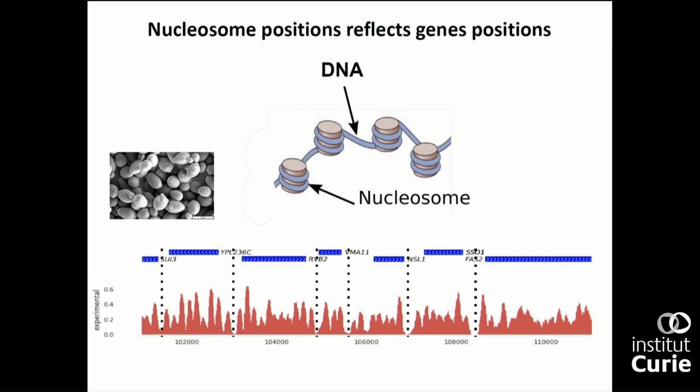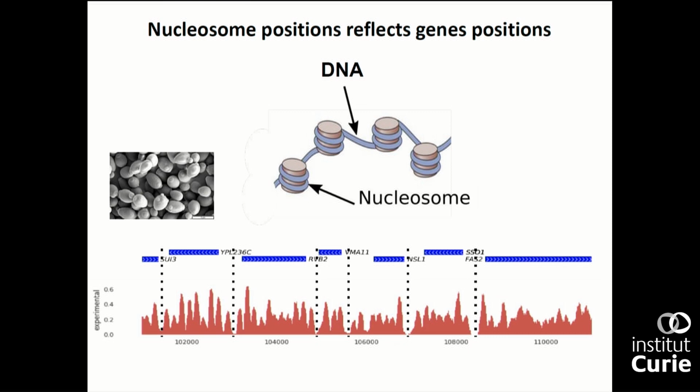So coming back to my yeast, you remember these are the piece of the yeast genome. These are the genes in blue. You remember what I told you, that the genes are side by side. They occupy almost all the genome. And between the genes, you have regulatory regions, which regulate the genes, which are shown by these dashed lines. And here is an experimentally determined map of nucleosome position.